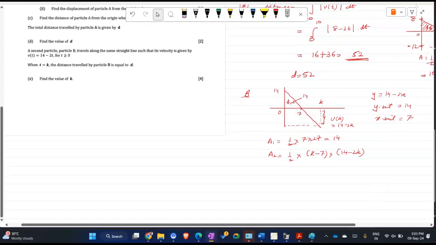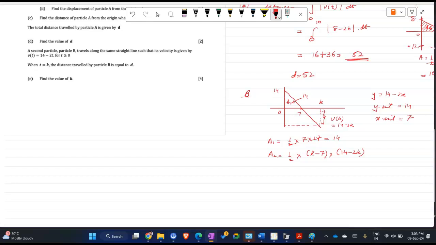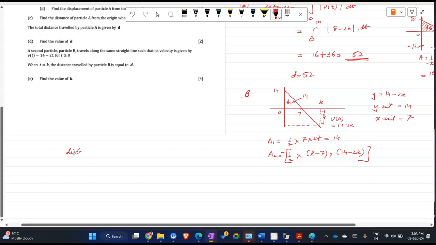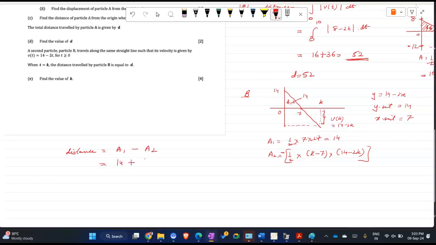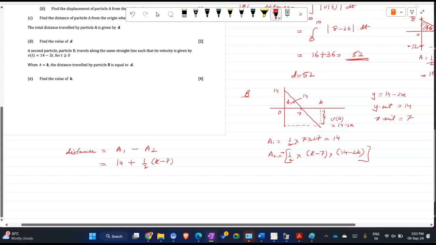This will come out negative, so you need to take the negative of this. So my distance traveled will be a1 minus a2. So a1 is 49, minus means plus, half into k minus 7 into 14 minus 2k. And this distance traveled is equal to 52. Then basically solve it.